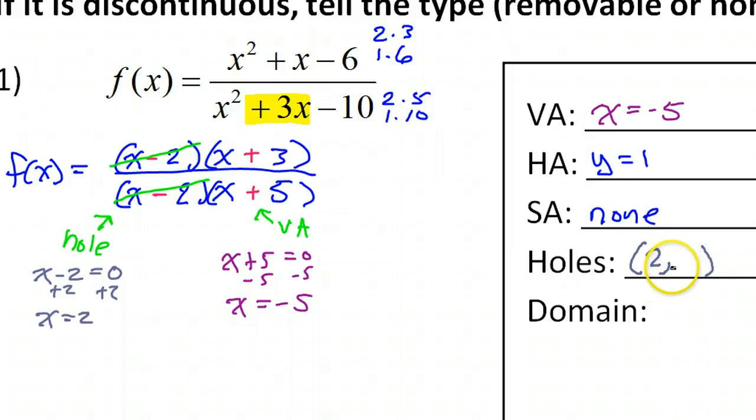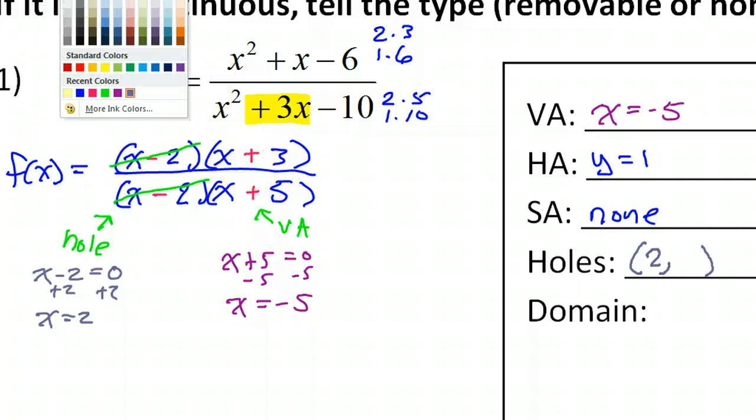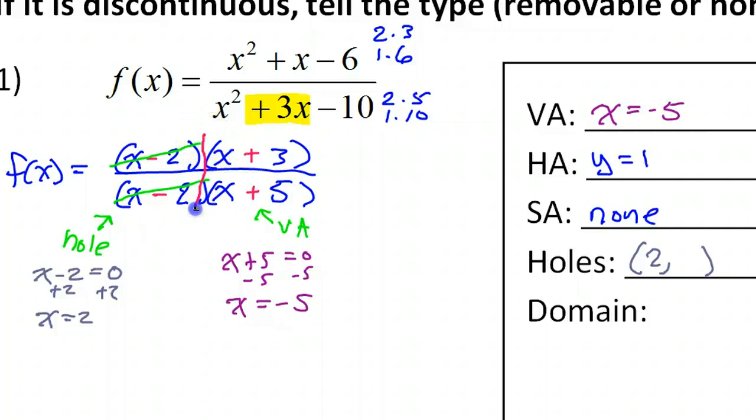I need the y value though, because I want an ordered pair for this hole. Now, if I want to find the y value that goes with this, then I'm going to use my calculator to find it, but I'm going to be careful to only type in this part of the function.